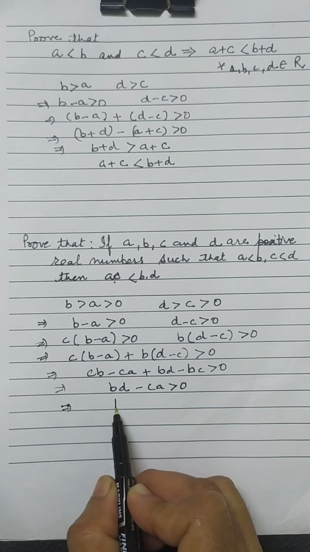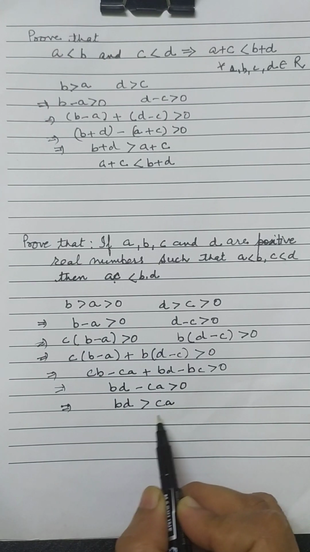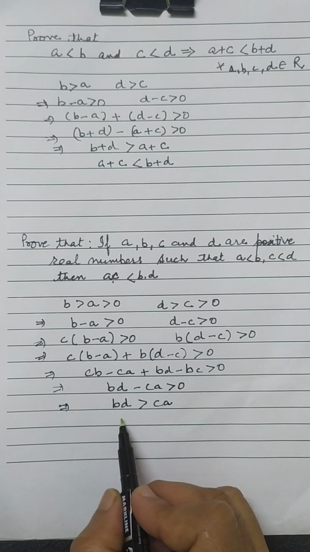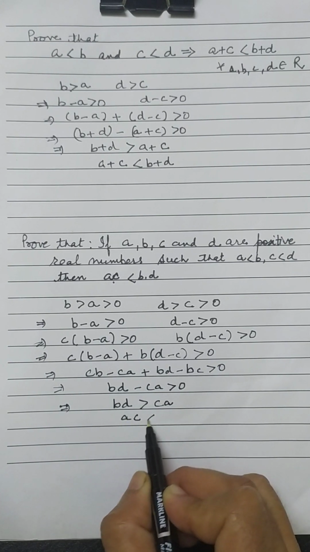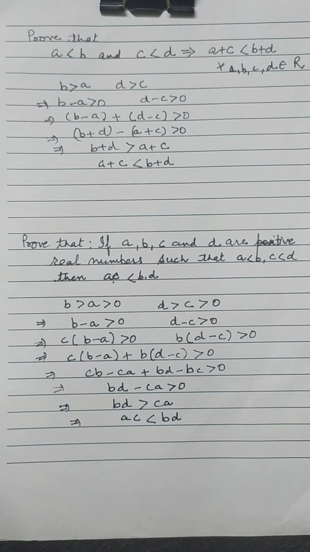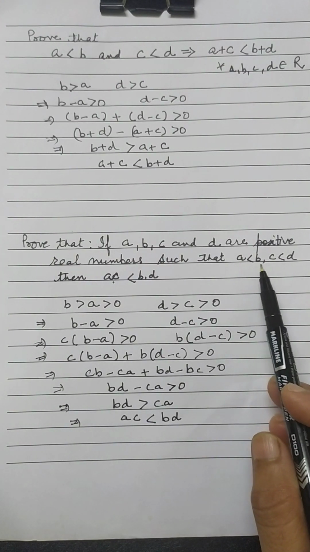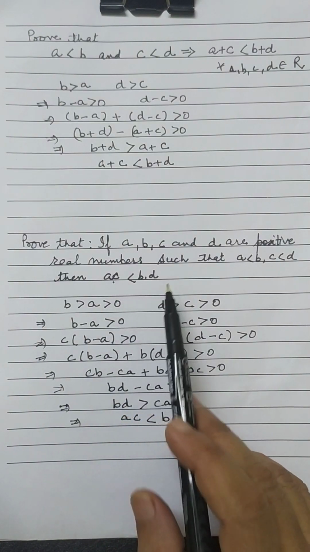So this implies bd > ca, or you can write it as ac also. So ac < bd, right? So for positive real numbers, if a < b and c < d, then ac < bd.